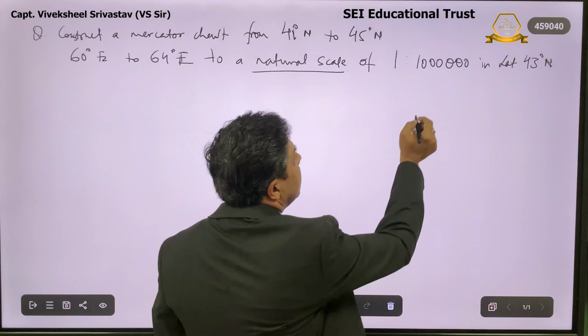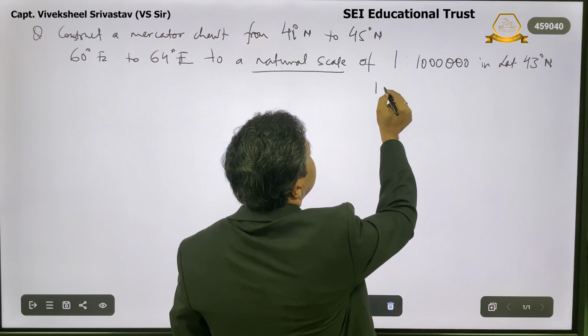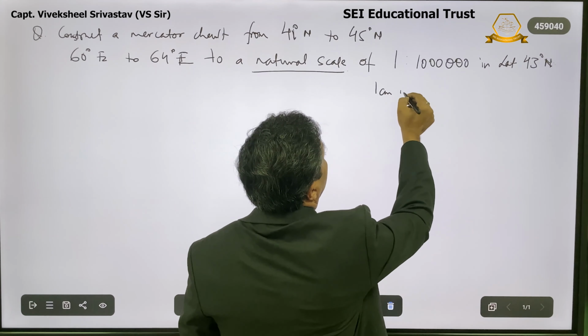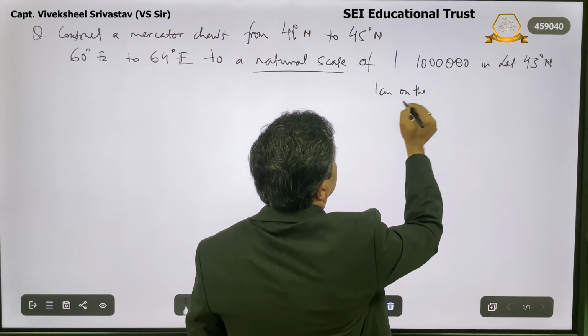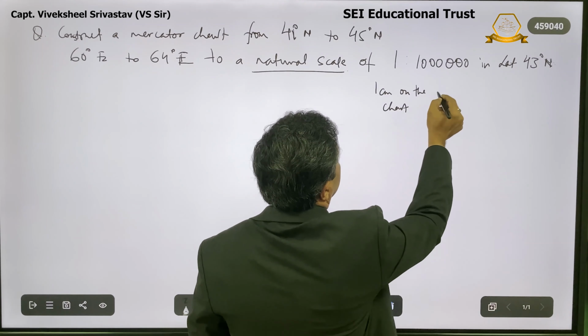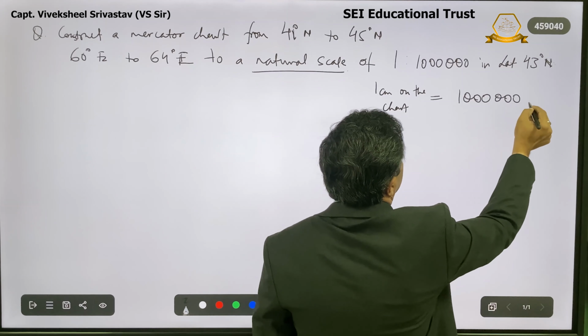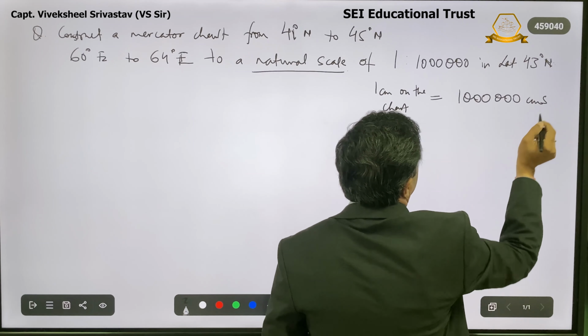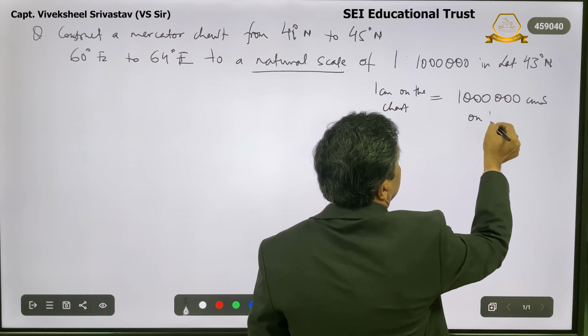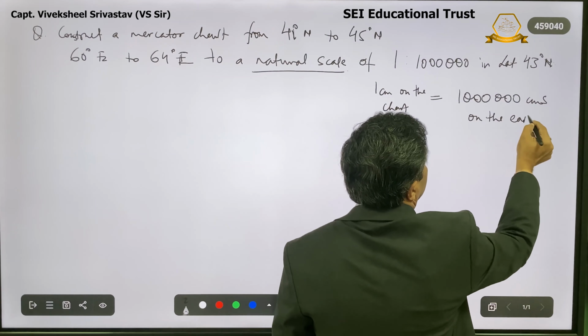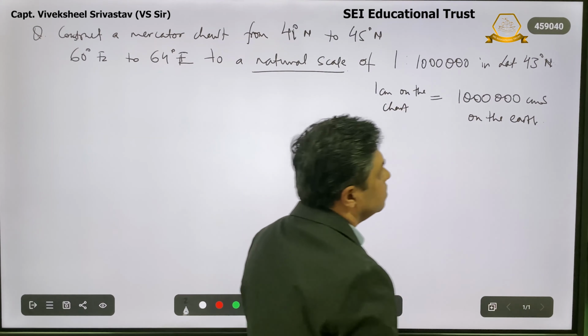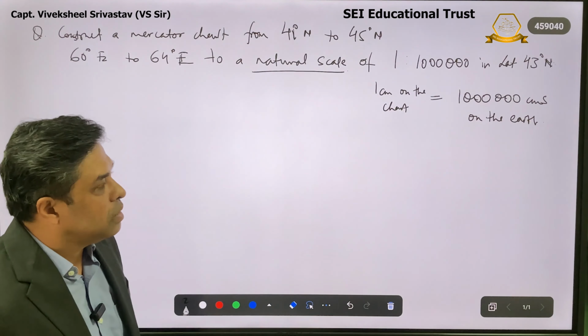What it means is that 1 centimeter on the chart is equal to 10,000,000 centimeters on the earth. All right.